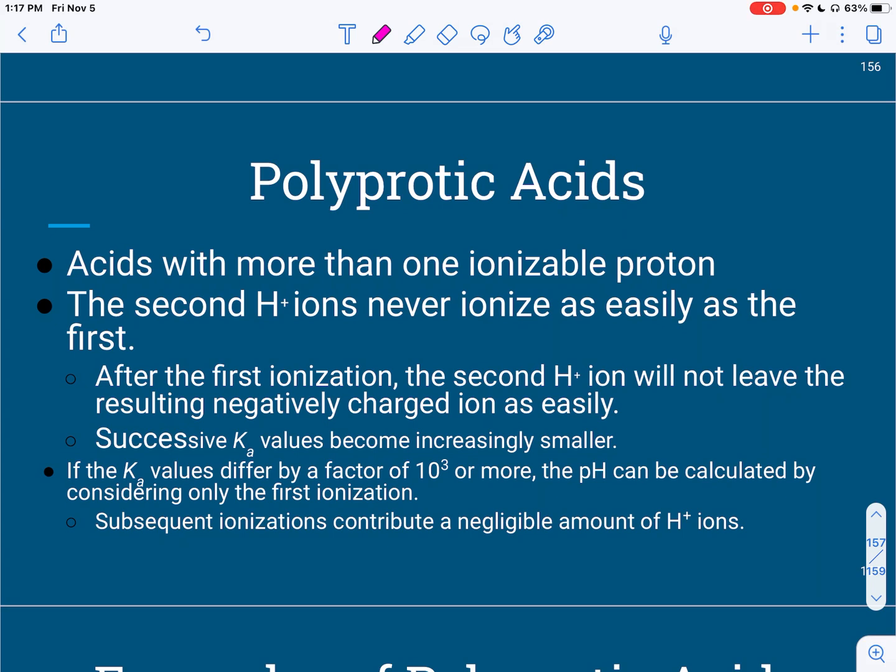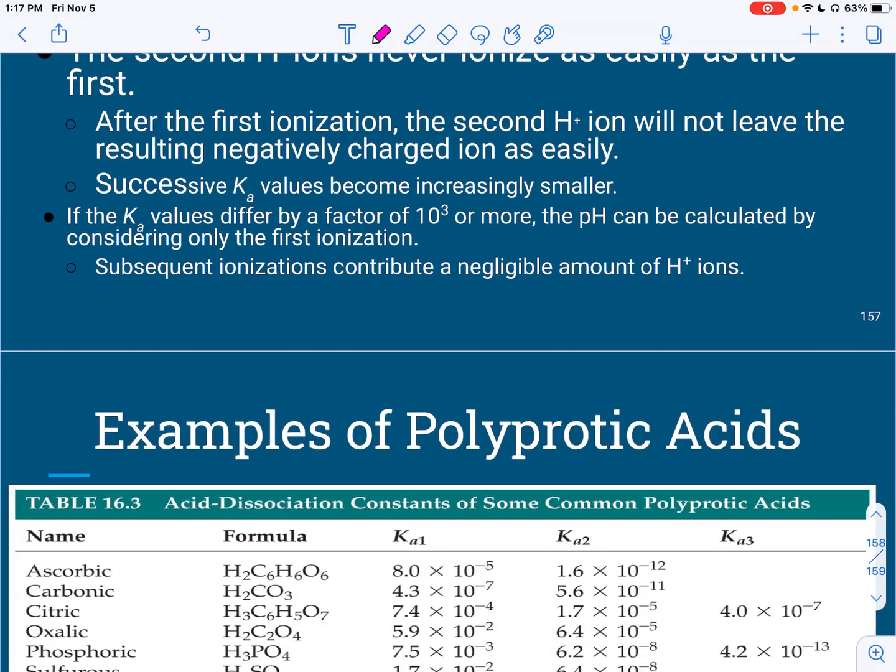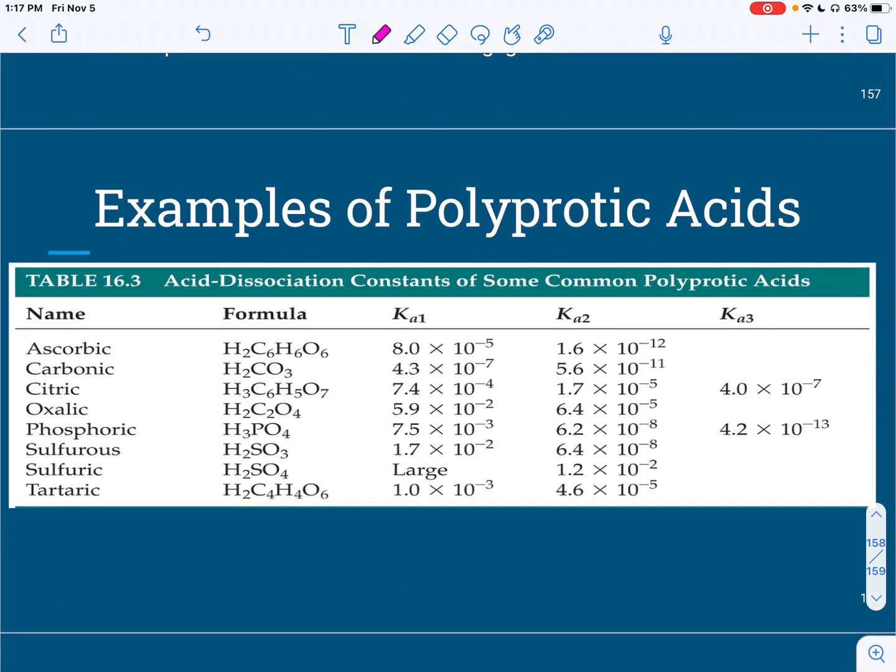So you'll always have a smaller Ka value. If the Ka values differ by a factor of 10 to the third or more, the pH is calculated by only doing the first ionization, but other ones can have Ka1, Ka2, and Ka3 if they have 3 hydrogens. So you will see that.